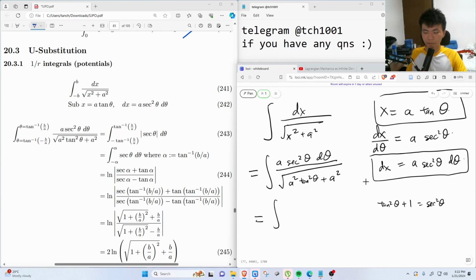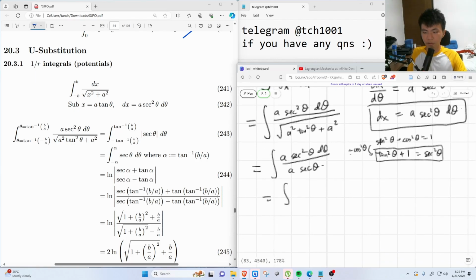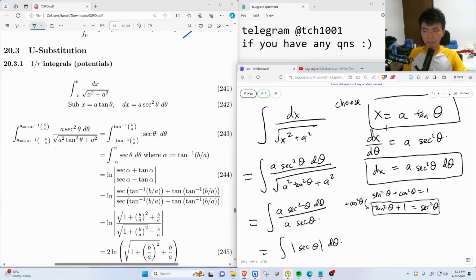If you have trouble memorizing this, you can always remember that you can take sine squared plus cosine squared equals 1 and divide both sides by cosine squared. So using this trigonometric identity, this equals the integral of a secant squared theta d theta over a secant theta. So this equals the integral of the absolute value of secant theta. And this integral is something we know. By making a choice that x equals a tangent theta, we have reframed this integral in terms of theta.